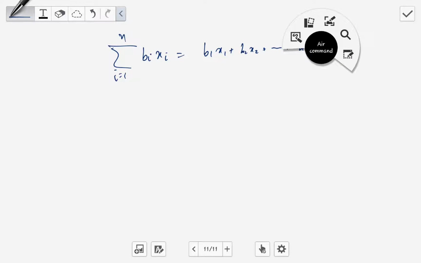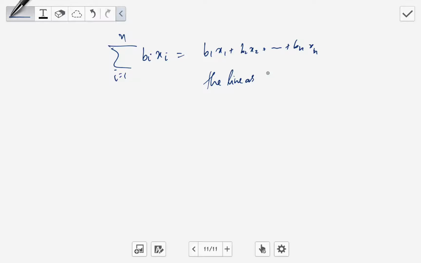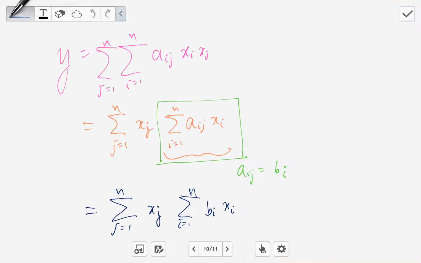Which form is this? The linear form. This is b transpose x, the linear form. So that is some b transpose x if we take b as b1, b2, so on up to bn. But then we said this b1, b2, bn were aij. Yeah.